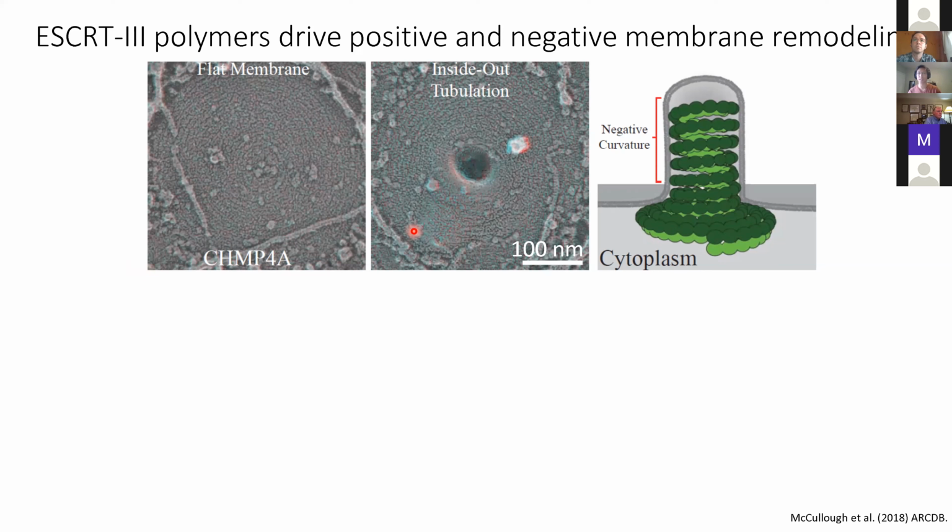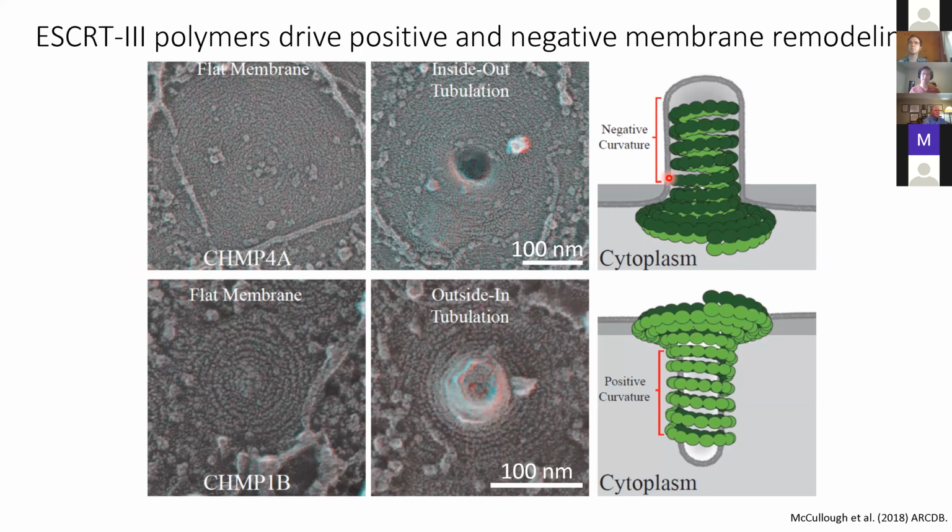This way, the protein is now binding the lumen of the newly formed vesicle, and this is what we call negative membrane curvature. And then recently, Phyllis and others have shown that there's a subset of ESCRT-IIIs that stabilize the opposite topology. In this case, when this protein, CHMP1B, polymerizes, this drives tubulation outside of the plane of the board. And this way, the protein is coating the outside of the newly formed vesicle. So the rest of my talk will be focusing on this topology, this positive membrane curvature.